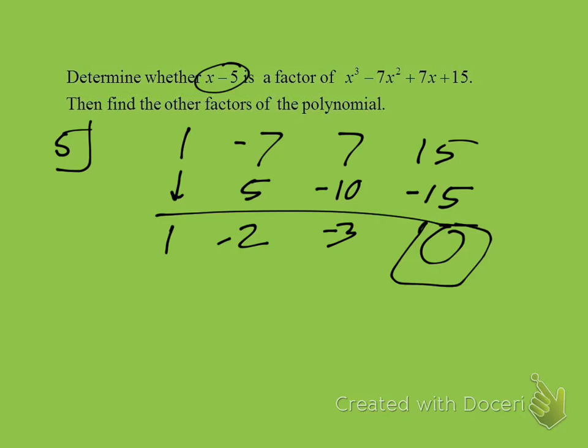Now the bottom sentence: find the other factors of the polynomial. So write your depressed polynomial. And then what? Starts with an F. Factor it. Good.